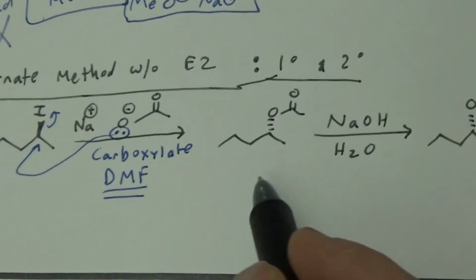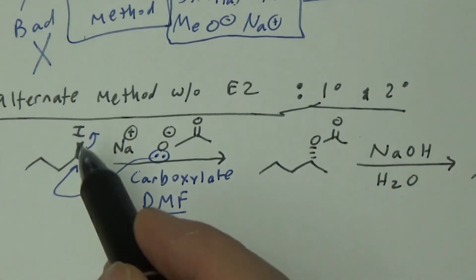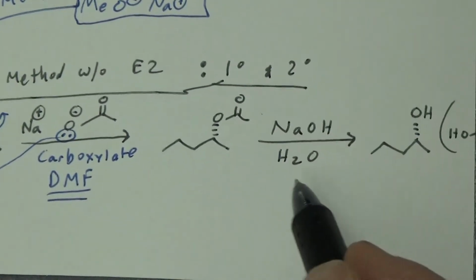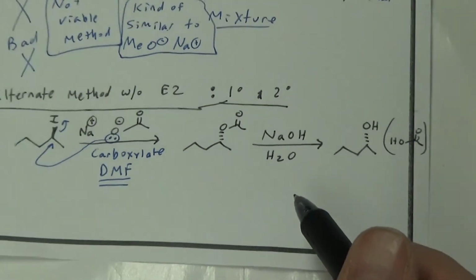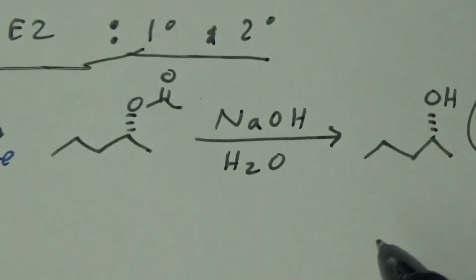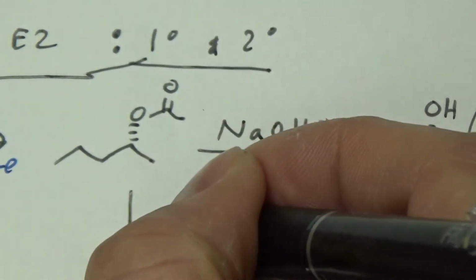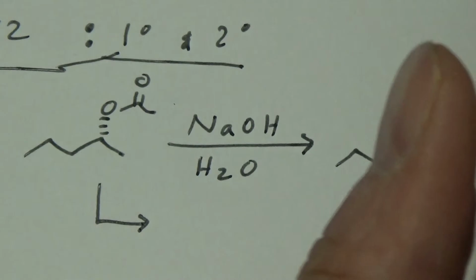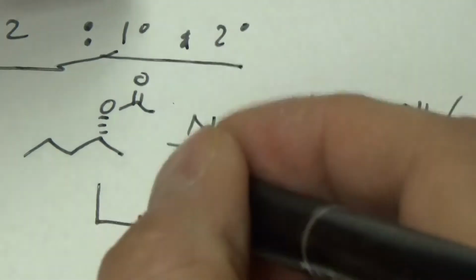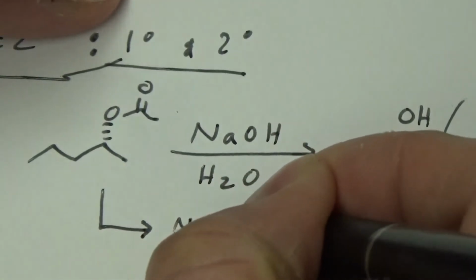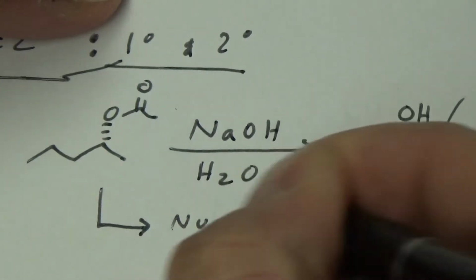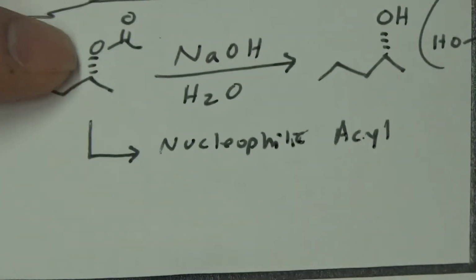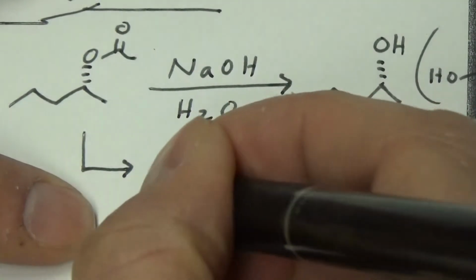You might have the question of, well, if NaOH is bad here, which it would be because it would give you E2, why does this work? Now this actually jumps ahead into organic 2, the mechanism. I'm going to give it a name, but we're going to skip it because this is technically organic 2 stuff. The name of it is Nucleophilic Acyl Substitution.